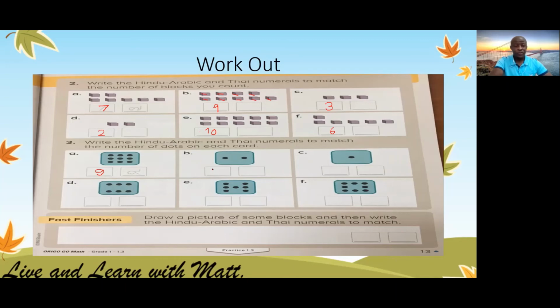Part B, 2. So write 2. And the Thai numeral will be here. Part C, we write 1. Part D, what do we have here? That's correct, 6.